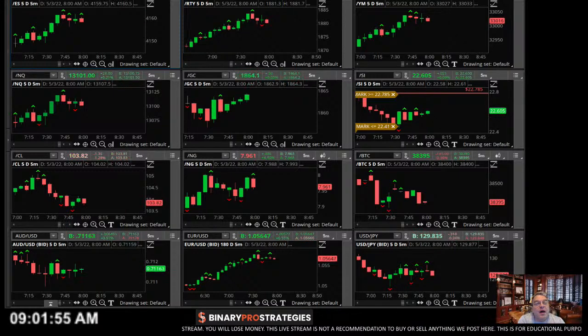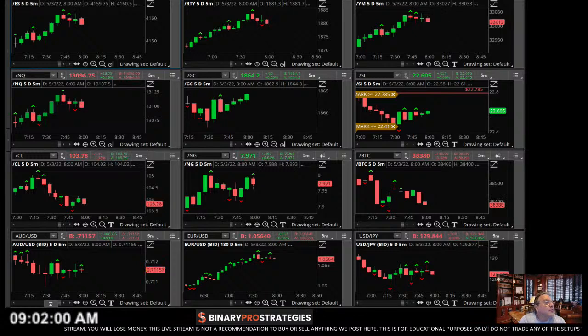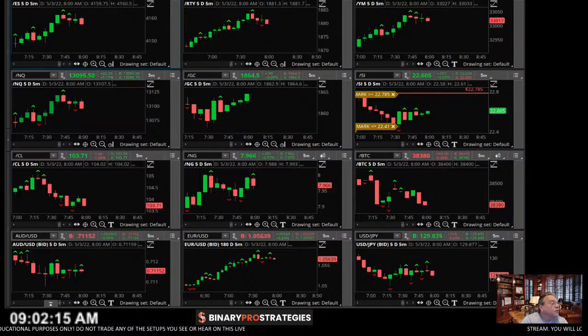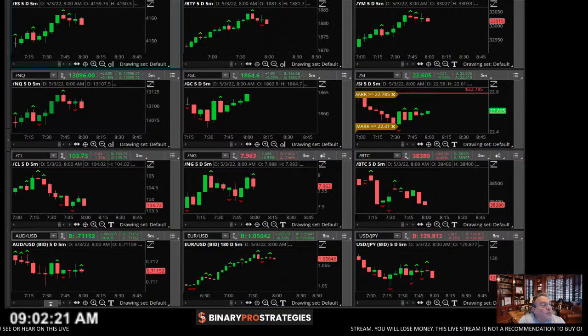Starting off with the buy, he's pretty much right out of the gate here on the mini Russell, RTY. I'll give you this entry point. Entry came in at 1879, looking for a profit target of 1884. 1884 is going to be my target.